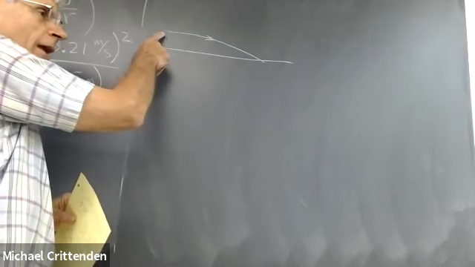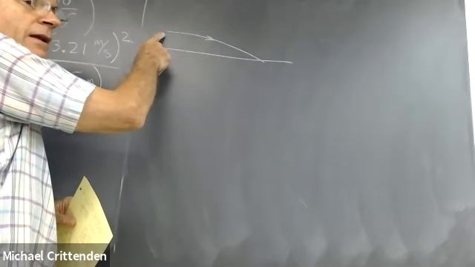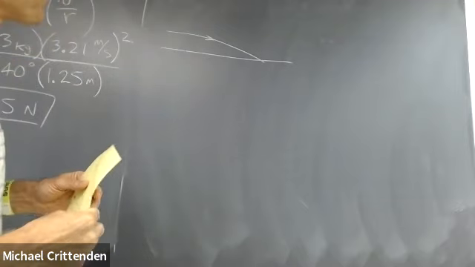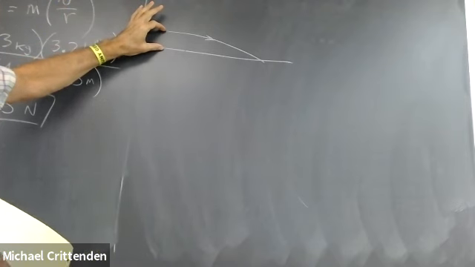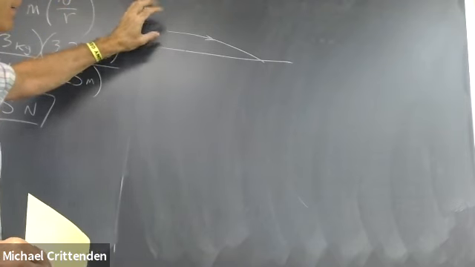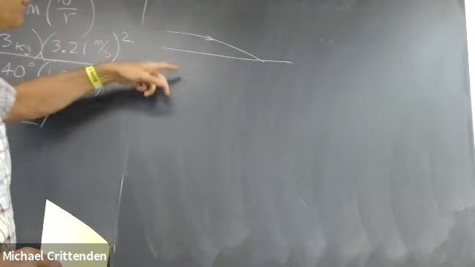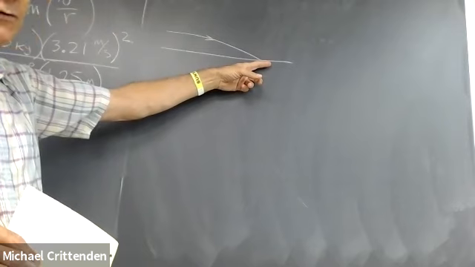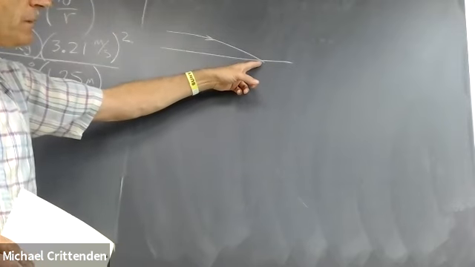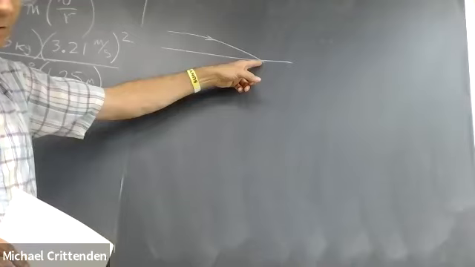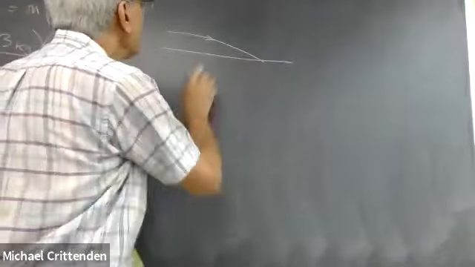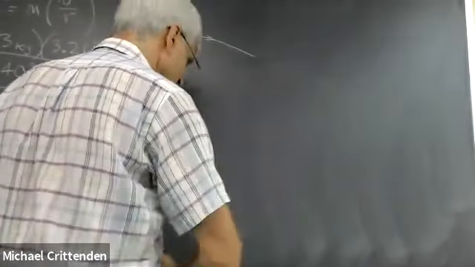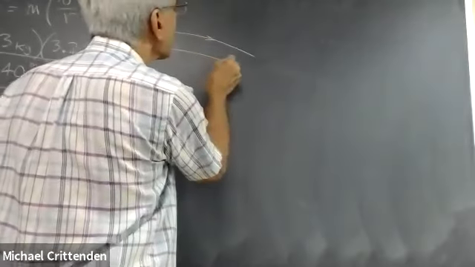So if you've shot this thing at nearly 18,000 miles an hour, in the time it takes to fall, however far that is, 4 or 5 feet, at that high speed, it's going to have gotten much further downrange than it does in an ordinary baseball game, okay? It's going to be several miles off to the right by the time it gets to here, and that's far enough that the curvature of the Earth matters.